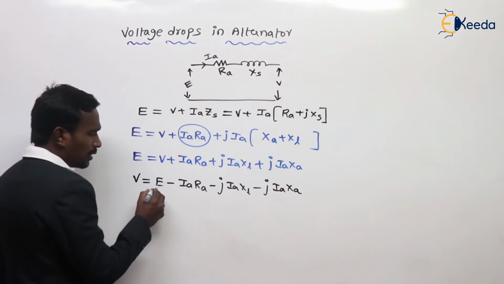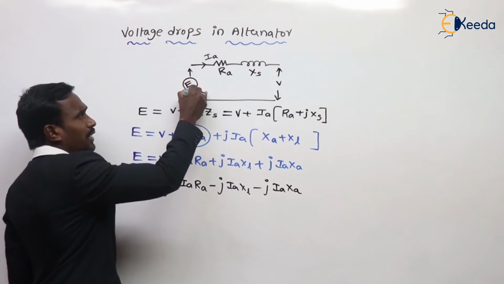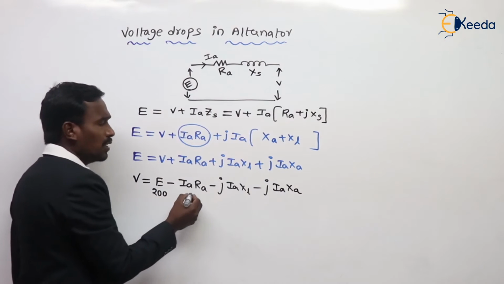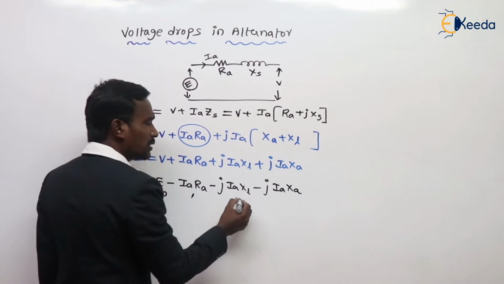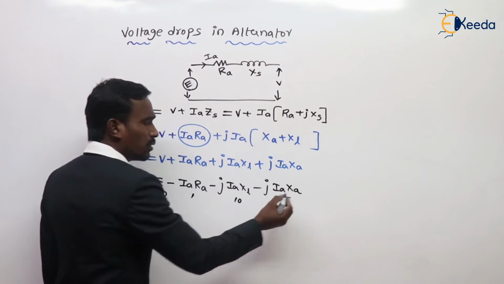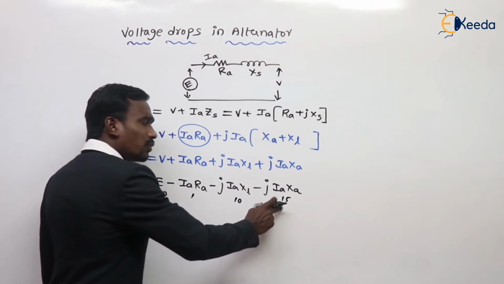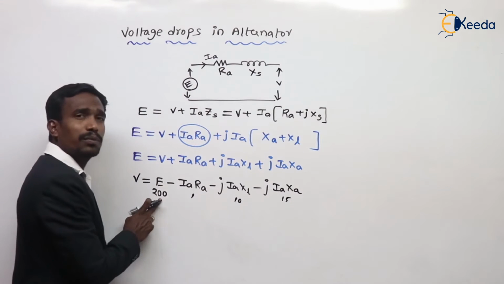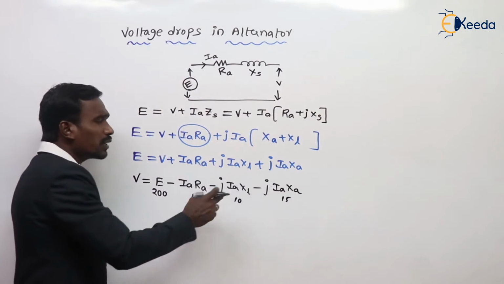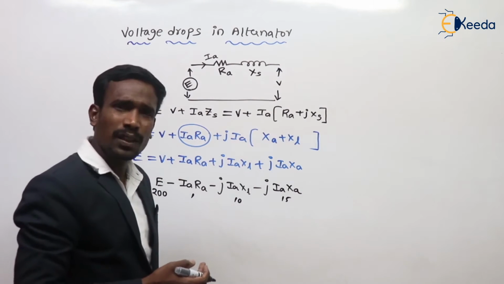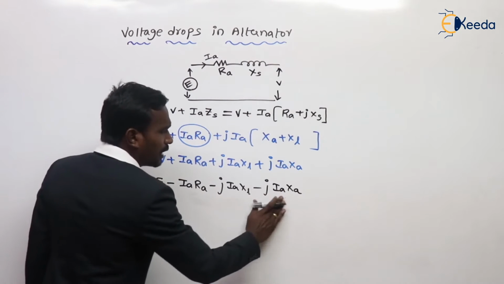For example, the no load generated voltage is 200 volts. For example, this is 1 volt, this is around 10 volts, and this is around 15 volts. So 1, 10, 15, around 26 volts is subtracted. So the full load voltage is 200 minus 26. Nothing but some voltage is dropped here.